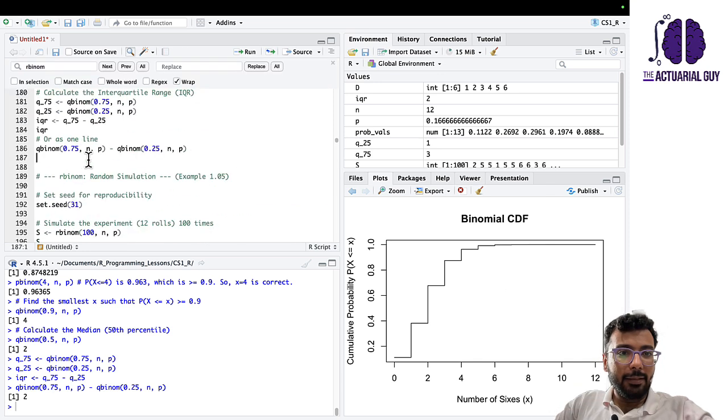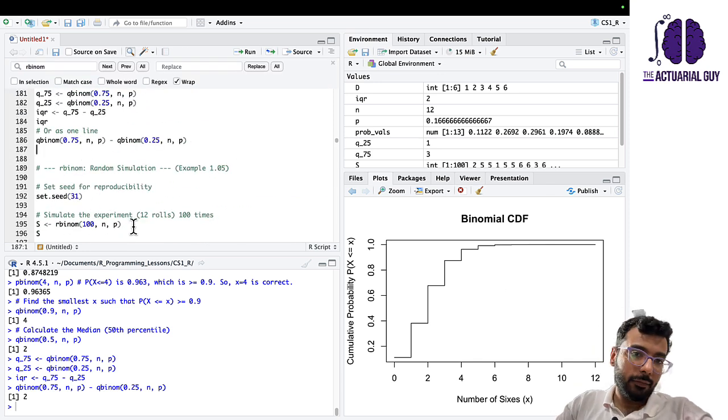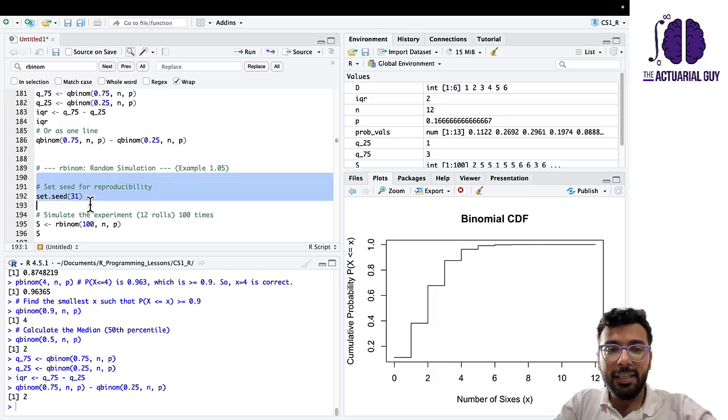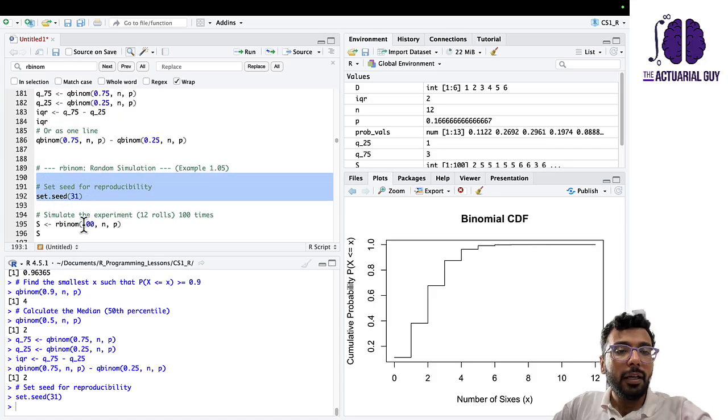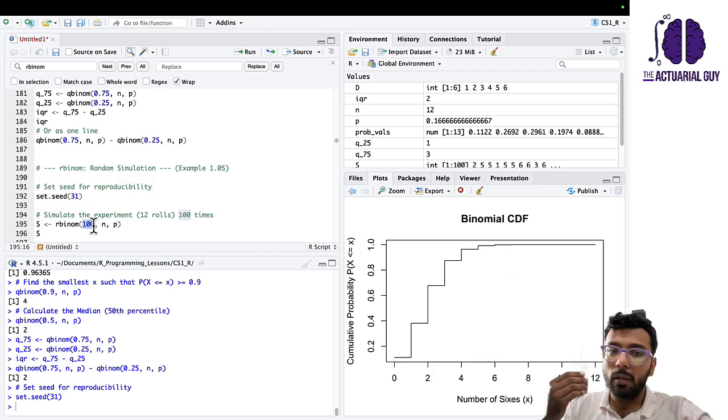In any simulation function, you have to first set the seed. Then the next thing we do is simulate 100 simulations. You're rolling the die 12 times, but you're doing that 100 times.